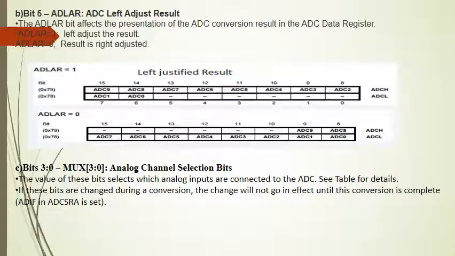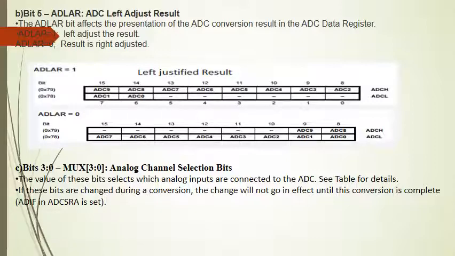And if the ADLAR bit is made 0, then the result is right justified. Right justified means the first bit of the conversion will be stored in the lower register from its 0th bit, and so on, and the final bit of the result will be stored in the first bit of the ADCH register. So basically this ADLAR bit is used to control the manner in which the result will be stored.